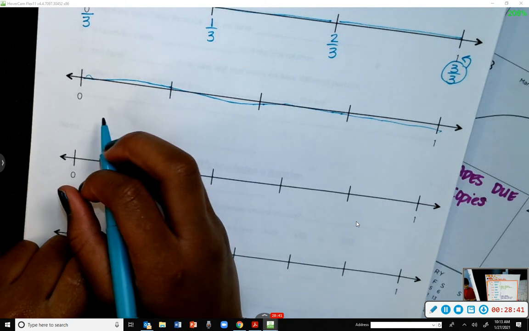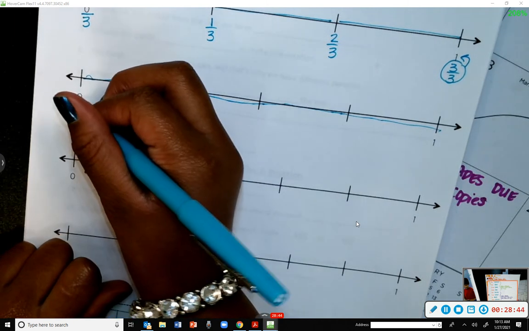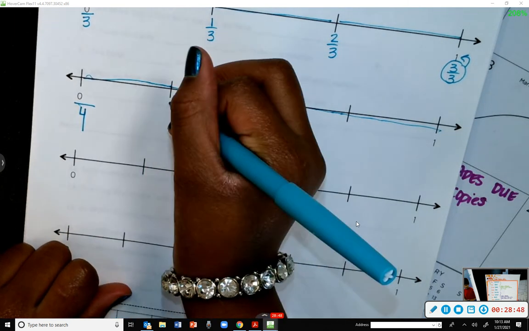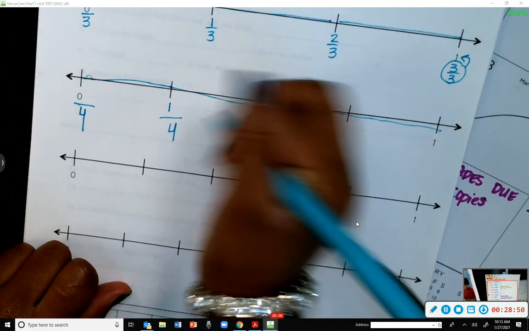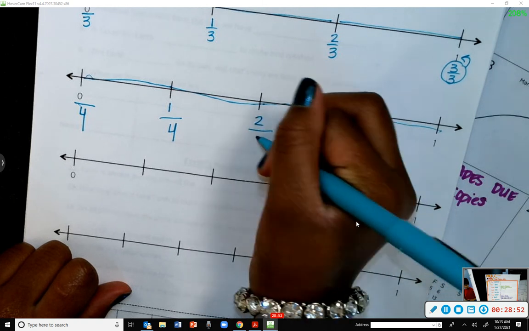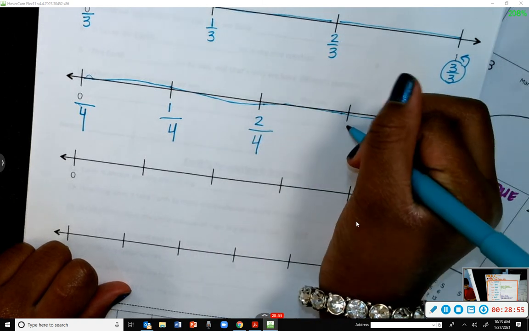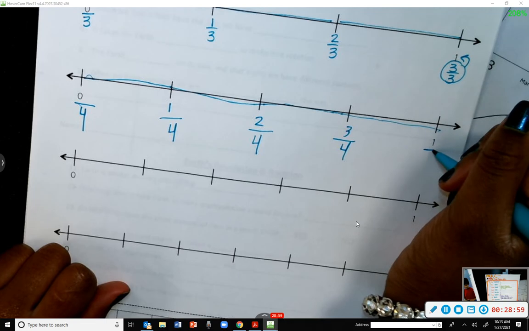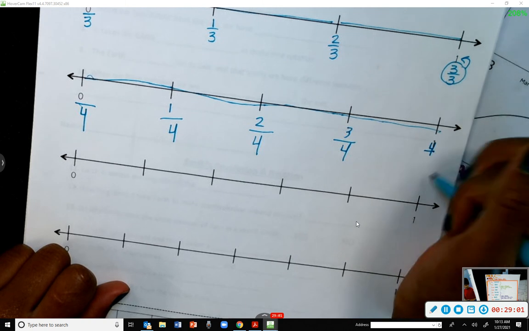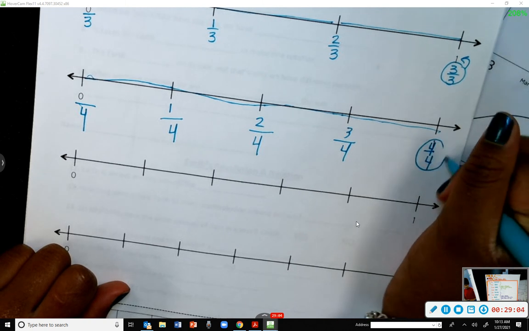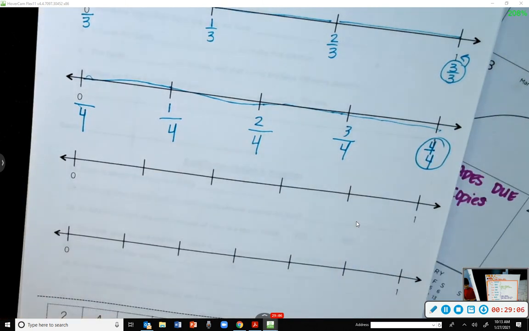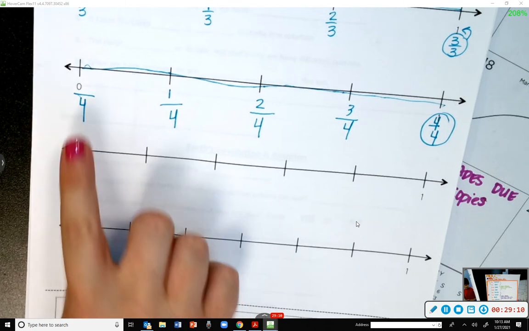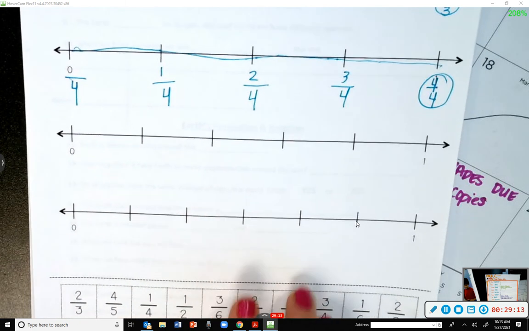So what would your denominator be? 4. 0 fourths, good. 1/4, 2/4, 3/4. Good. Okay, good. So that's your number line. You labeled it correctly. She counted the spaces. That tells me the denominator must be 4. All right, Allie.